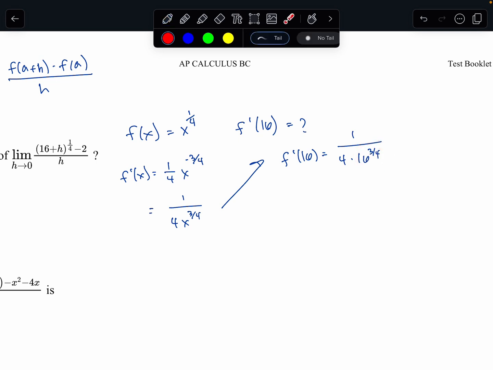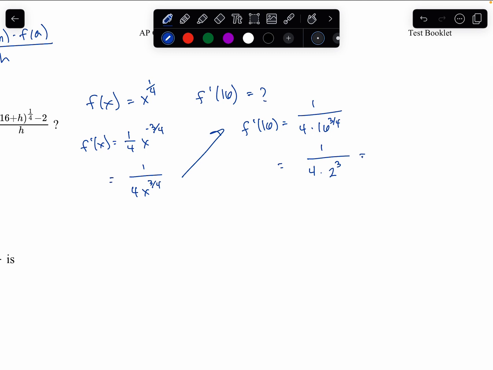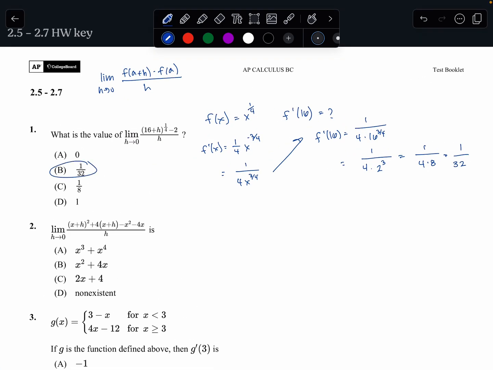This is 16 to the 1/4, so the fourth root of 16, and the fourth root of 16 is 2, so 2 to the third, that's going to be 1/4 times 8, which is equal to 1/32. That is my derivative right there.